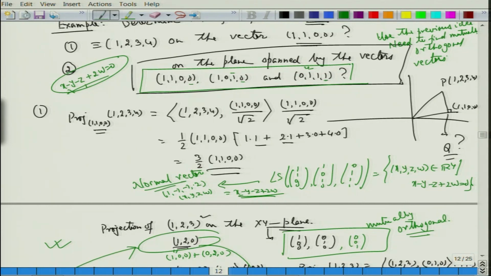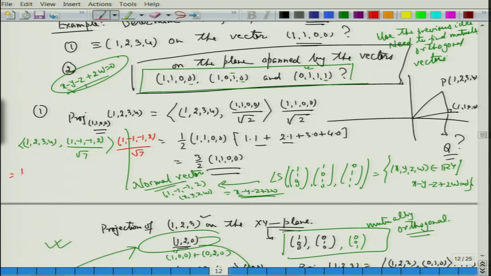So, what can I do? I can look at the inner product of (1, 2, 3, 4) with this vector (1, minus 1, minus 1, 2) divided by the length of this. The length of this will be the square root of 1 plus 1 plus 1 plus 4, which is root 7, times this vector again, (1, minus 1, minus 1, 2) divided by root 7.